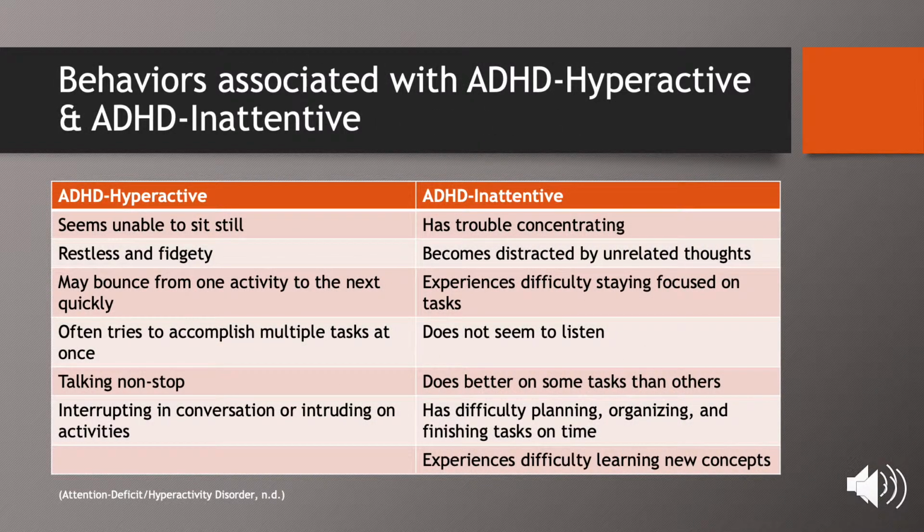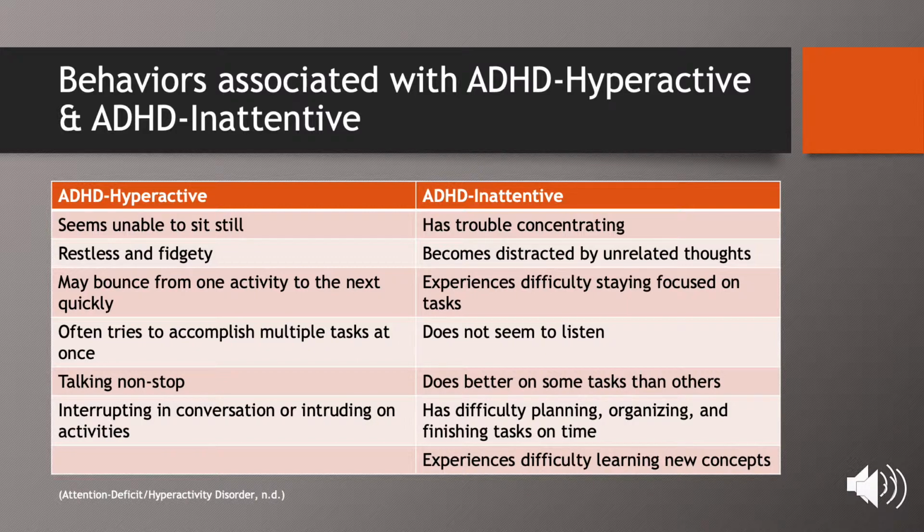We will now discuss the behaviors associated with ADHD hyperactive and ADHD inattentive. Behaviors associated with ADHD hyperactive include the child seems unable to sit still when it is expected of them. They also appear restless and fidgety and may bounce from one activity to the next quickly.